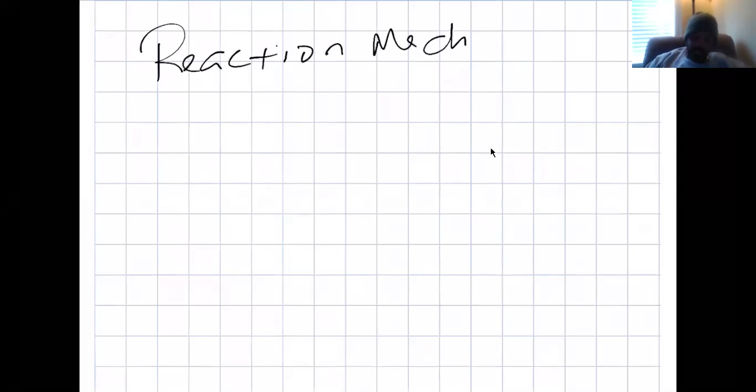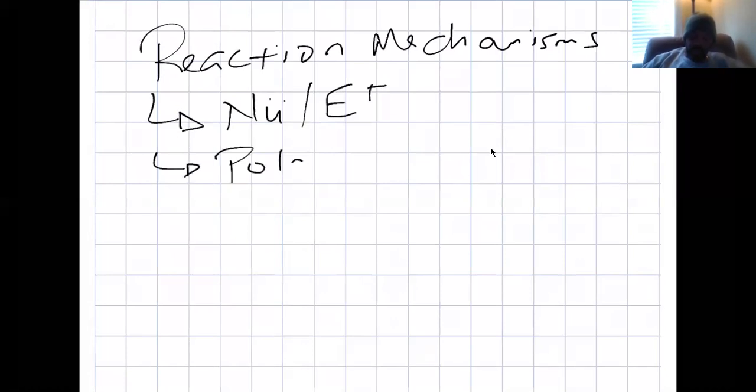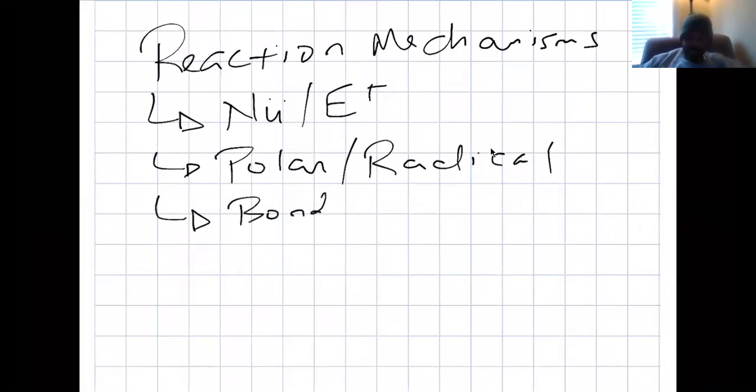All right. So we've been kind of talking about reaction mechanisms. And in the process of doing that, we've talked about nucleophiles and electrophiles. We've talked about polar and radical mechanisms. We've talked about bond making and bond breaking processes.